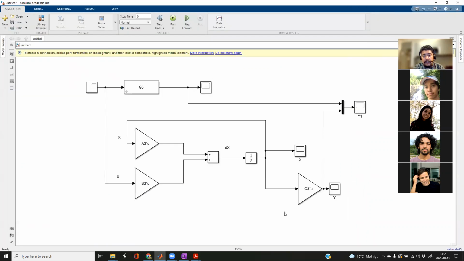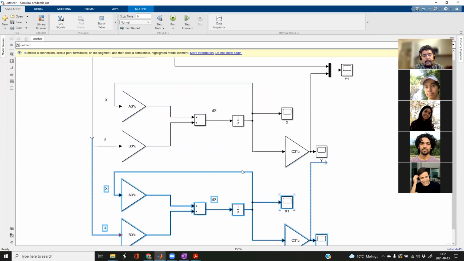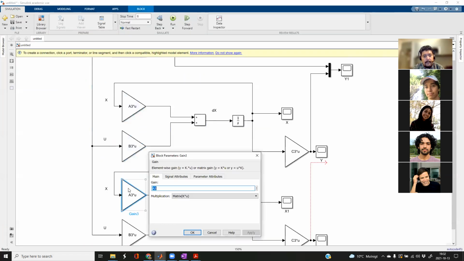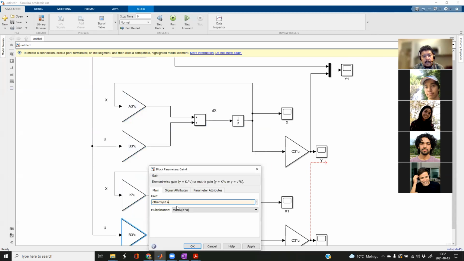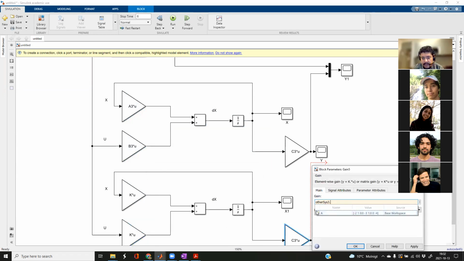And I can also quickly make a copy of this system. And in here, I will put the other sys.A, other sys.B, and other sys.C.